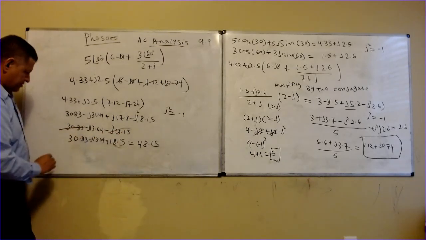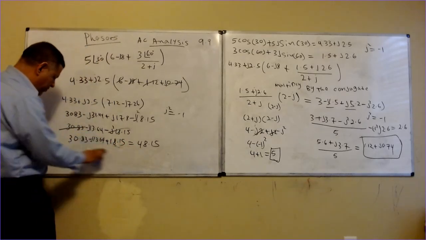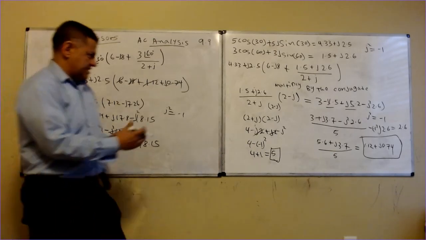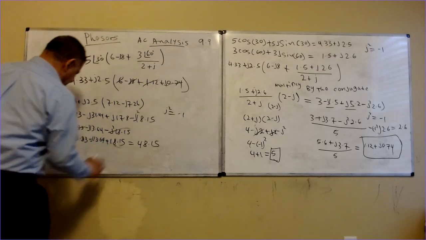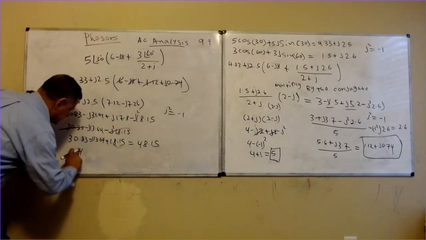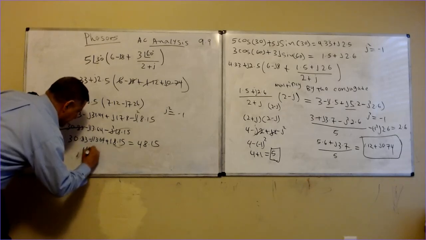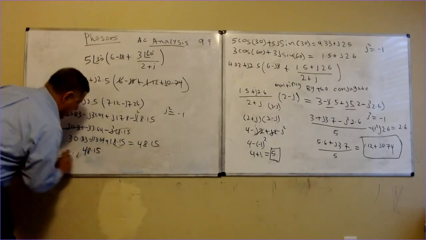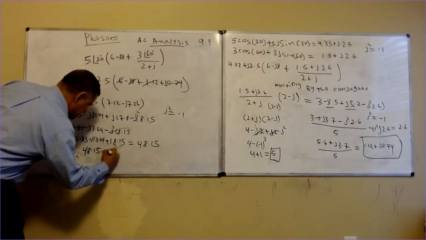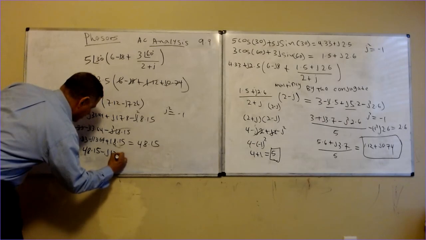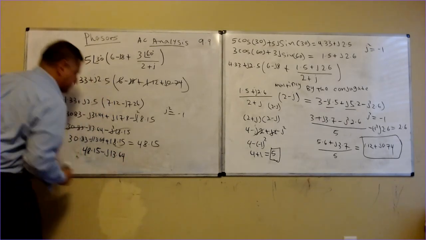So this guy is done, this guy is gone now. I just have right now a number, a pure number, and I still have a J, unfortunately. But what I gotta do right here is now easy because all we have to do is the last step. So we got 48.15 plus or minus J 13.64, right?